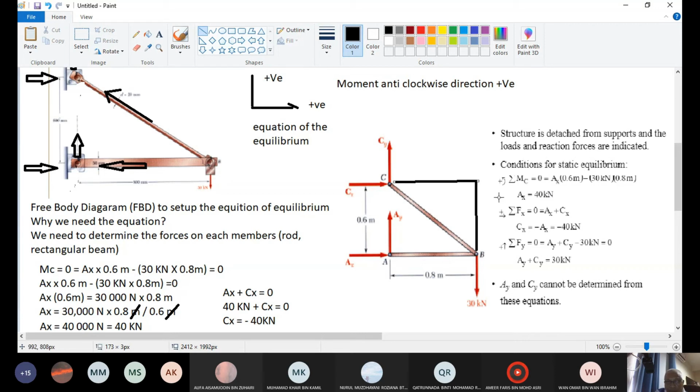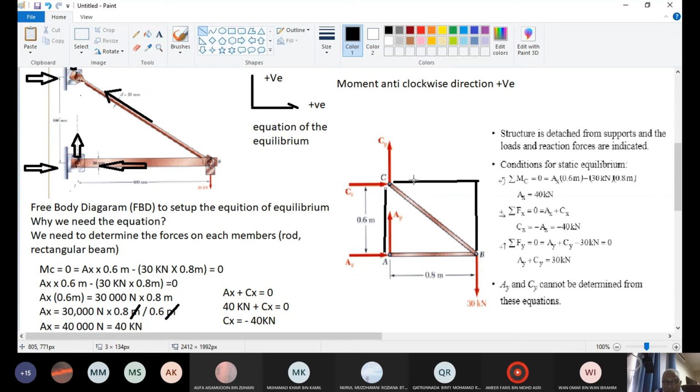So 30 times 0.8 at C. We also have moment at A. Still at C, but we also have force which is 90 degrees to C. So the force is AX times 0.6. AX times 0.6 is counterclockwise, so it is positive.